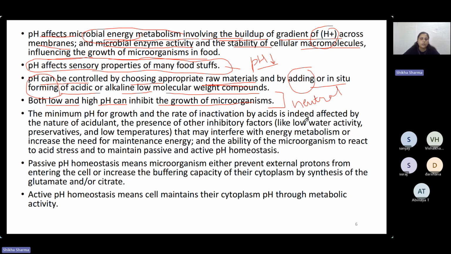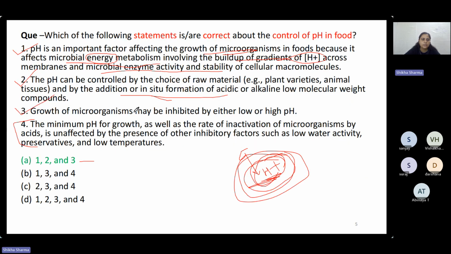If the pH is very low or very high, they will not be able to grow. But there are certain microorganisms which grow at low pH and at high pH also. So this statement is also correct, that pH affects growth of microorganisms.